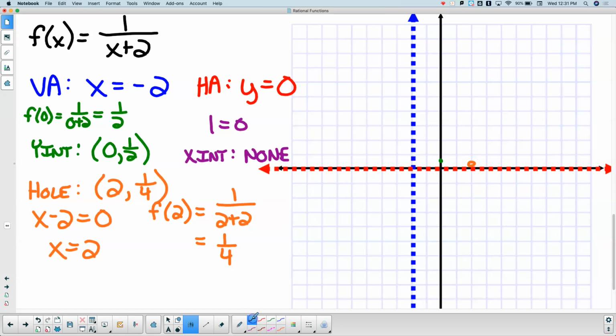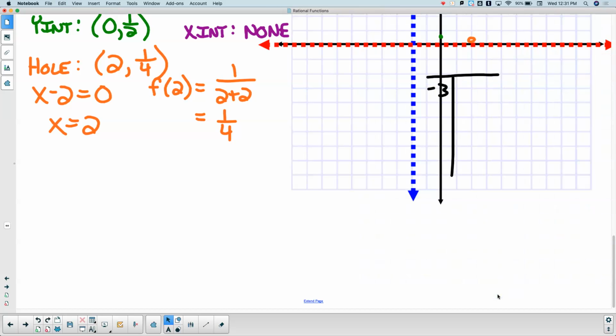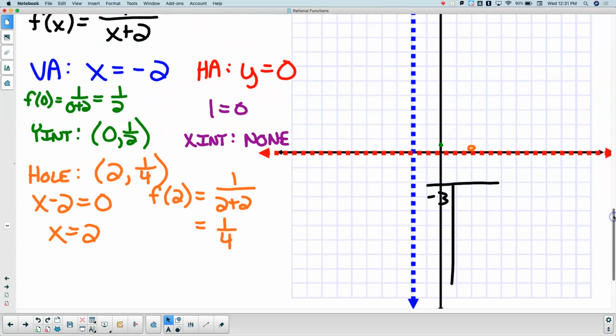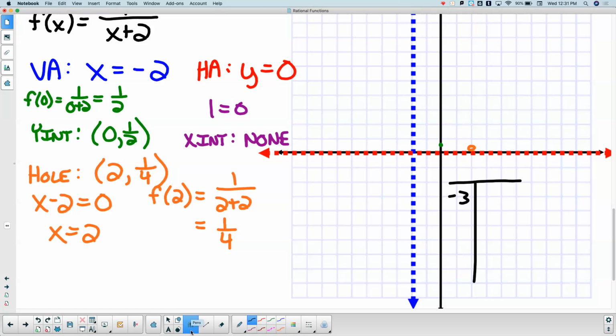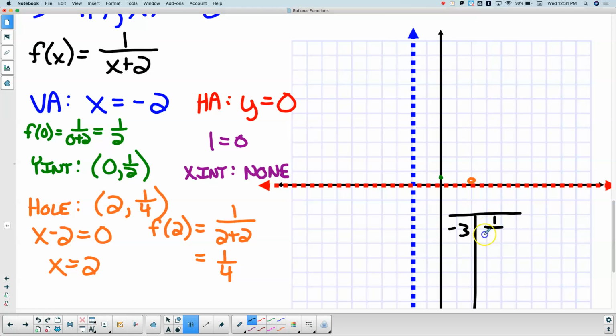Now I find other points. So, like -3. Should move that over just a little bit. -3 into my function gives me 1 over -1, so that's going to be -1. -4 gives me 1 over -2. -10 gives me 1 over -8.